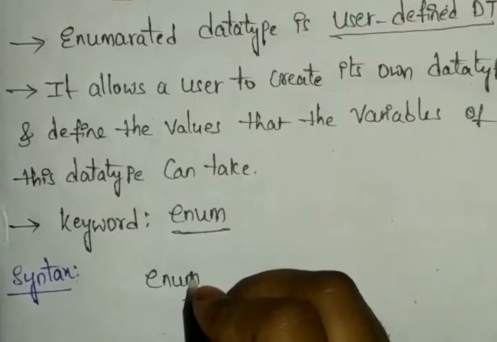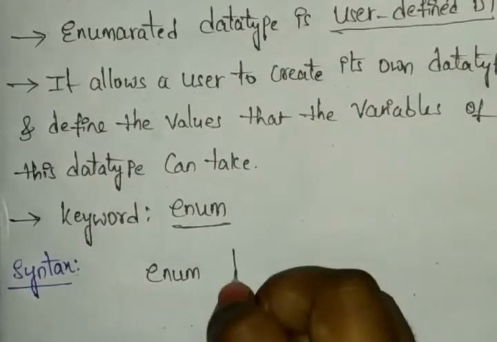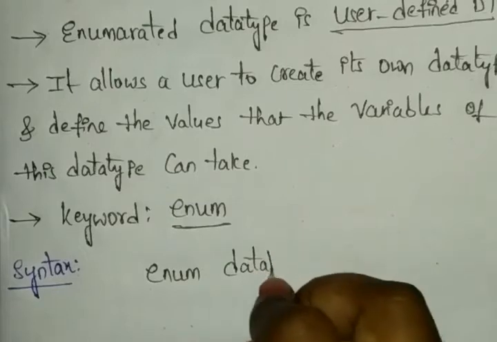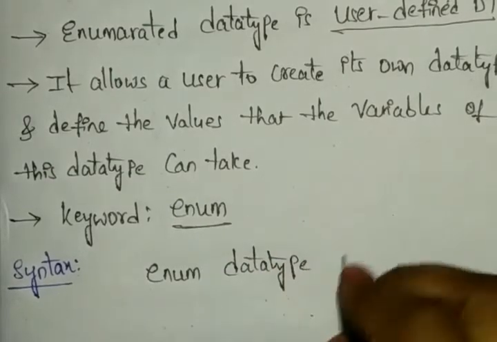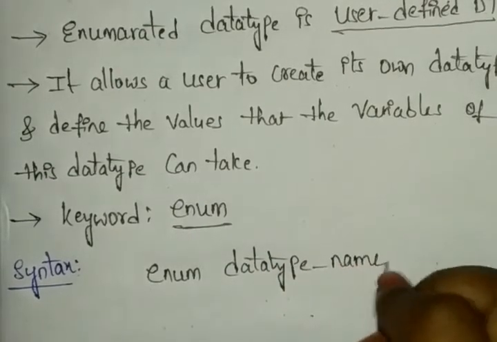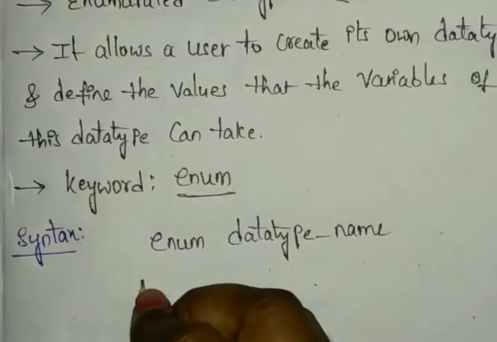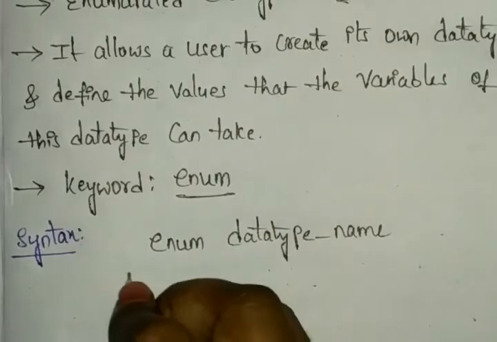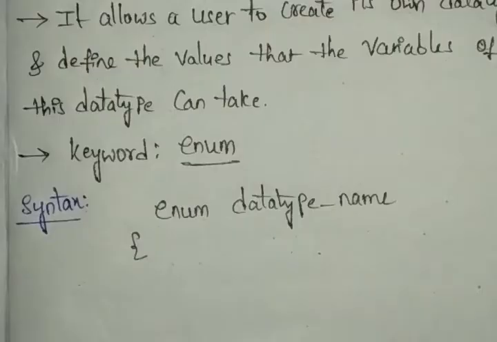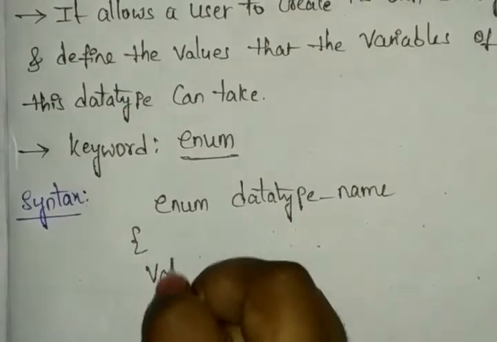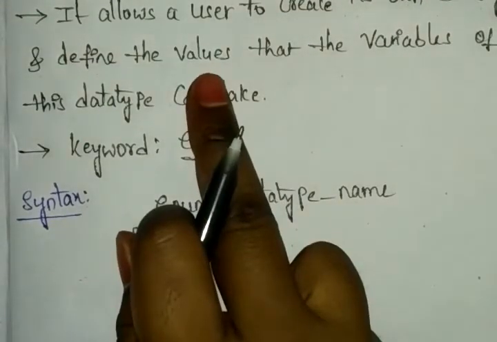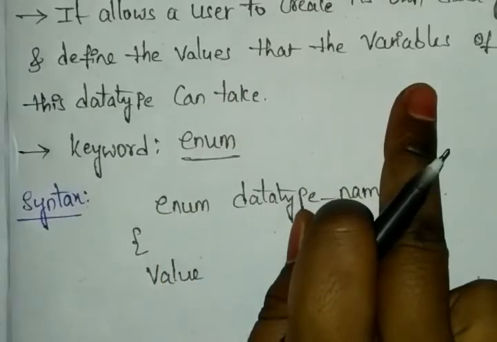Here I'm taking the data type name. And next, once you open the brace, here you can write the several values. You can see we have the values for those variables we are writing.